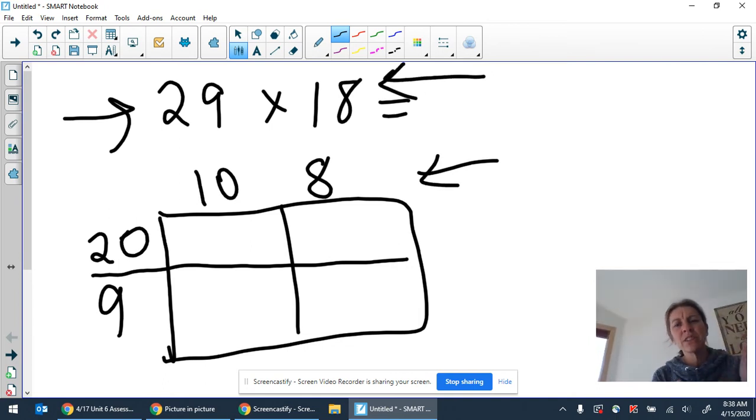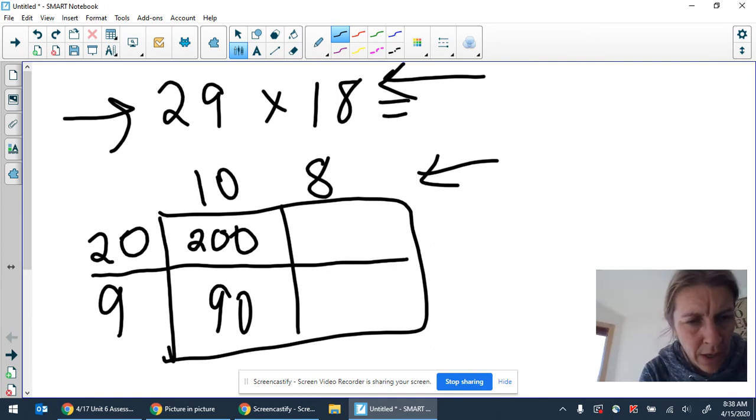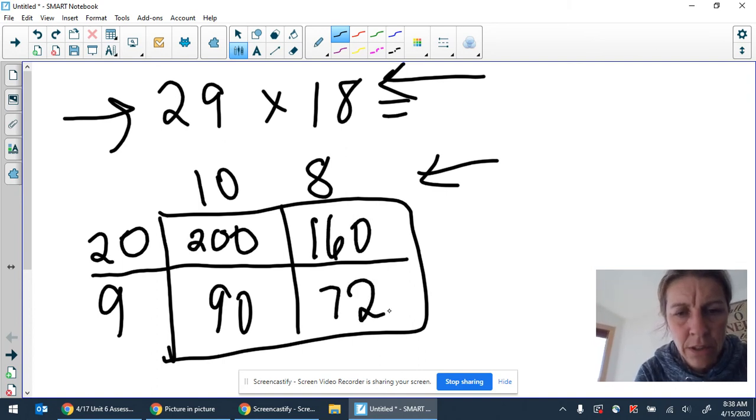And now I just have friendlier numbers to multiply. So 10 times 20, I'll just put the product right in here. Now I'm going to take 10 times this 9, which is 90. Again, the zeros make it more efficient to find the product. 8 times 20 here is 160. And then I take the 8 times 9 and I get 72.